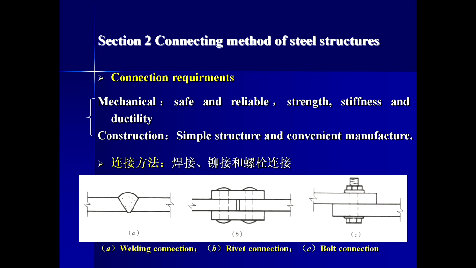Normally, the connection types include three types. The most widely used are welding connection and bolt connection, and both connection. Both bolt connection and welding connection are most widely used. The rivet connection is used in some specific conditions.